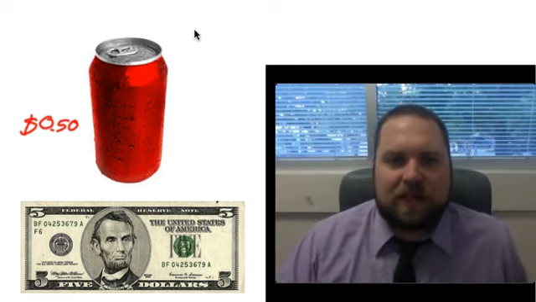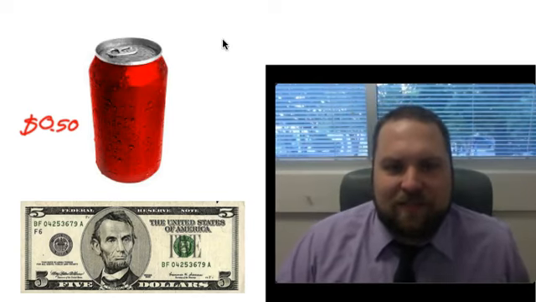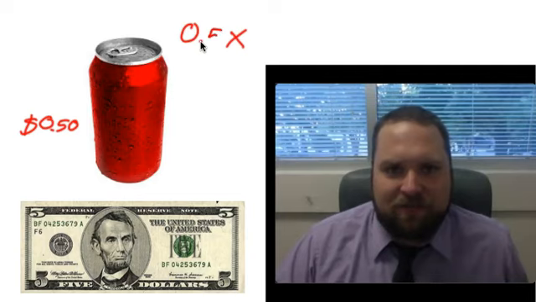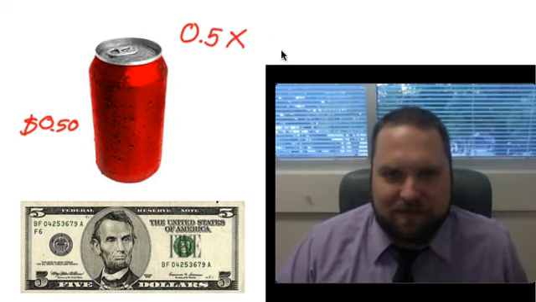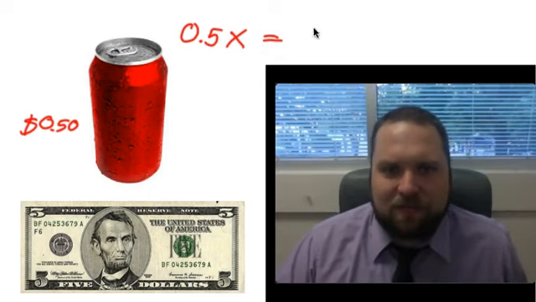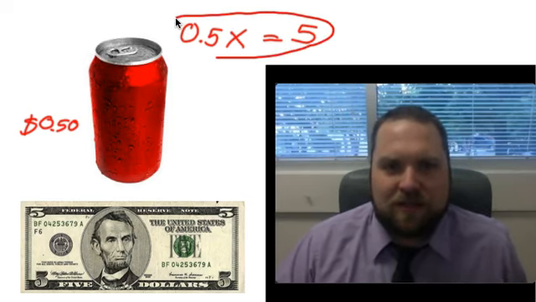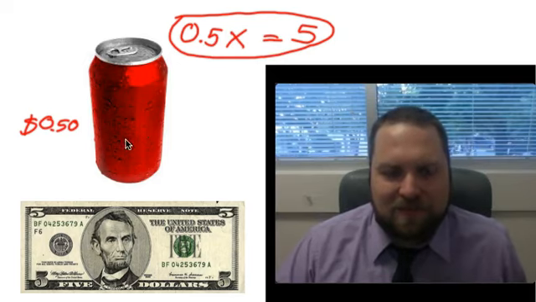So if I'm wanting to solve this algebraically, if I say X is the number of cans of soda that I buy, every can of soda is going to cost me 50 cents, so I would multiply that times the X. So 50 cents times how many cans of soda I have, and this has to equal 5, because it has to add up to $5 if I'm spending all of that. So I've now produced this equation, and if I can solve it, that is, if I can find the value of X, I will know exactly how many cans of soda I can buy.